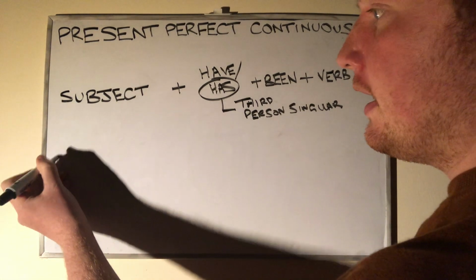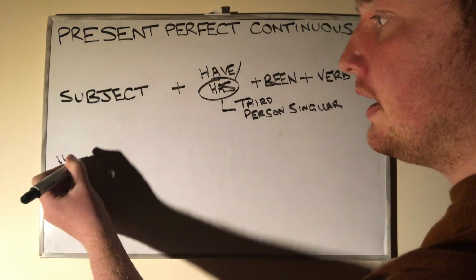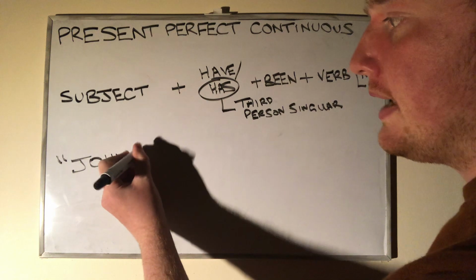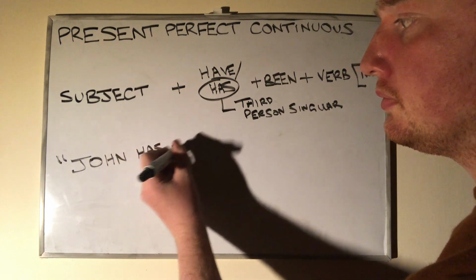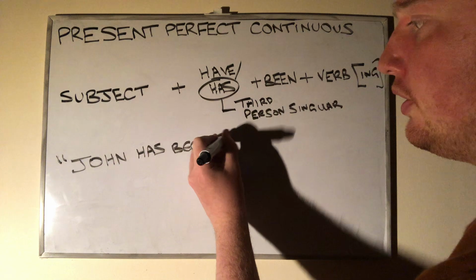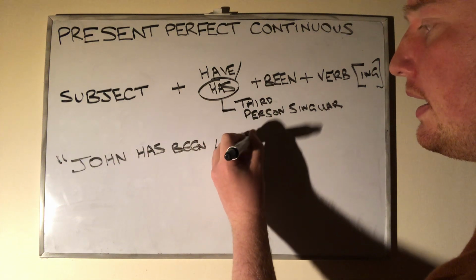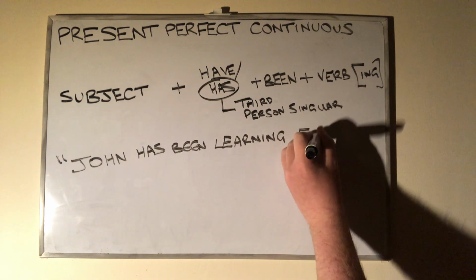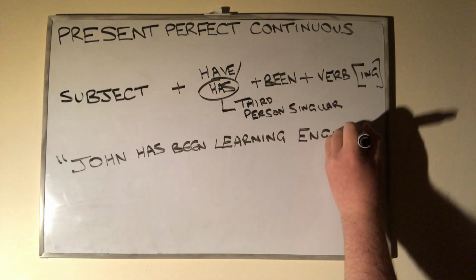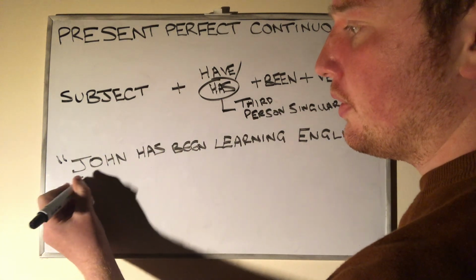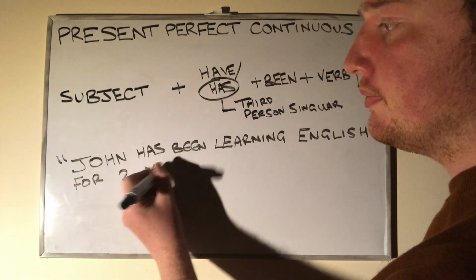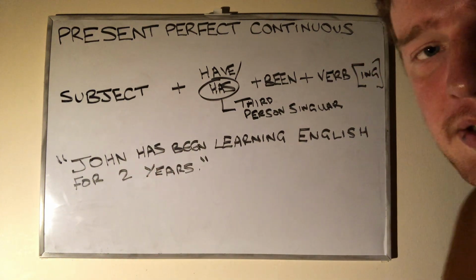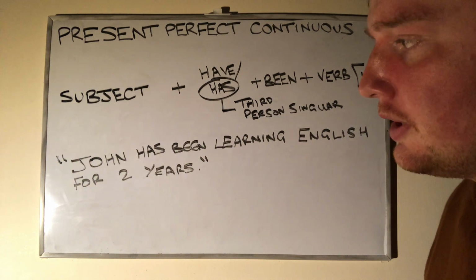So I could say John has been learning English for 2 years. John has been learning English for 2 years.